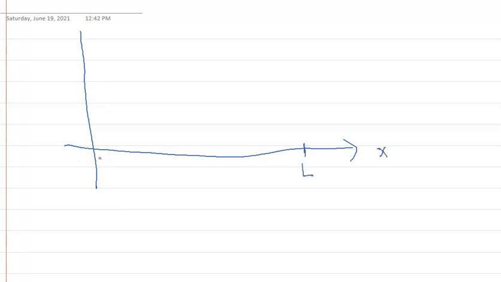So, we can plot temperature. Now we're using the symbol U as a symbol of temperature. So suppose this end of the rod is hot and this end of the rod is cold. That means the temperature might look something like this. So we have high temperature here and low temperature here.